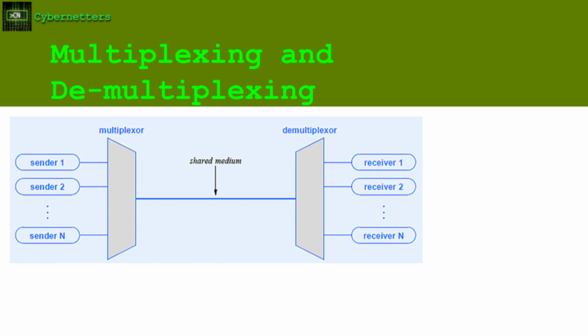The multiplexer combines these multiple signals into one single composite signal for transmission, which is sent over a shared medium, which is probably one communication channel, like a fiber optic cable, which carries all the combined signals. Then you have the demultiplexer, which receives it and separates it back for the receivers to receive all the messages that the sender sent.